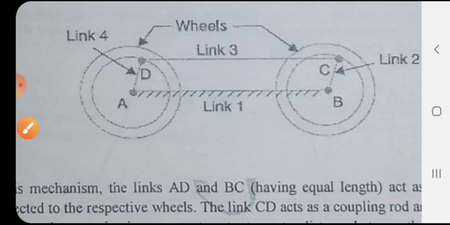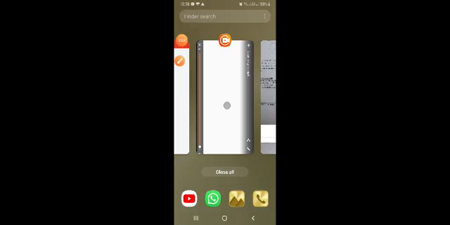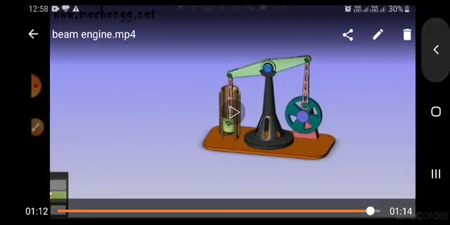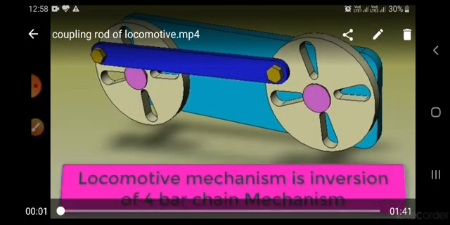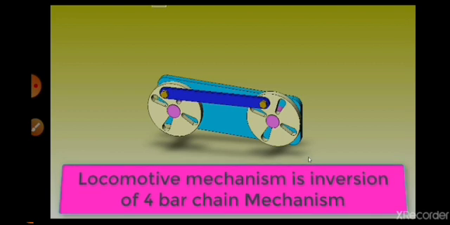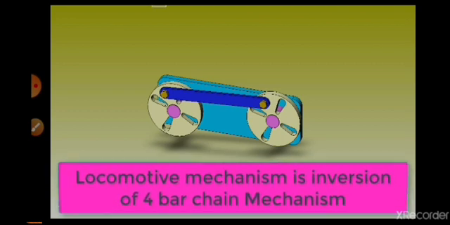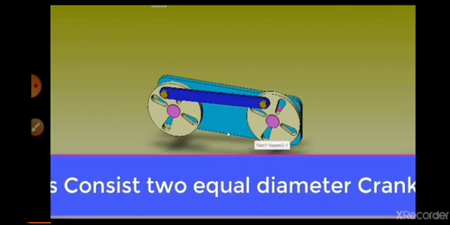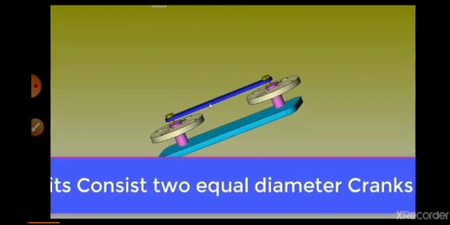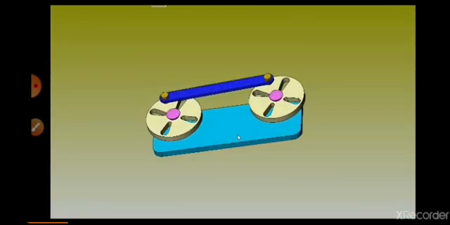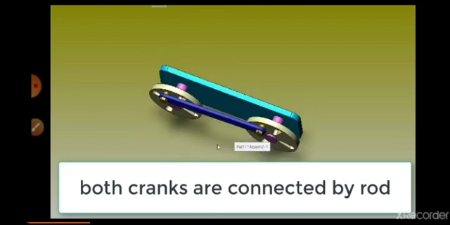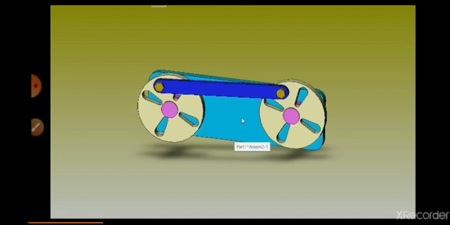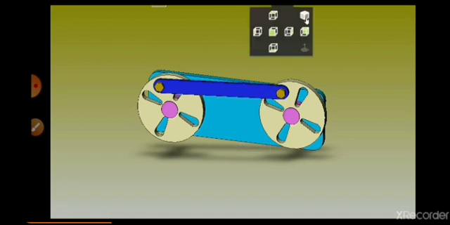Here also I would like to show an animation video. This is the locomotive mechanism, an inversion of a 4-bar chain. It consists of two equal diameter cranks, and both cranks are connected by a rod.